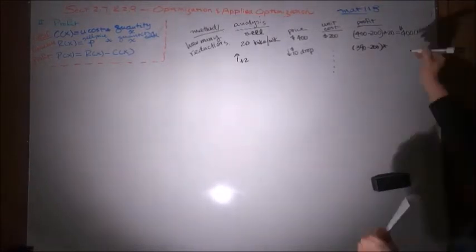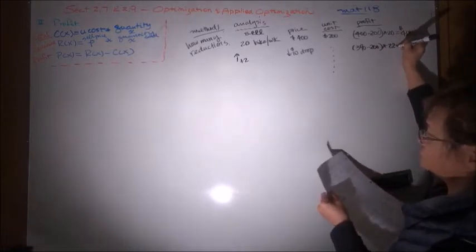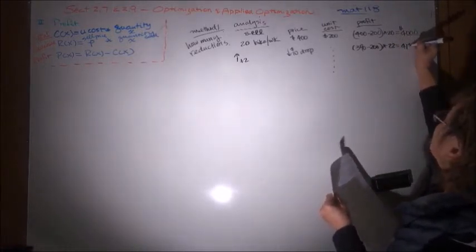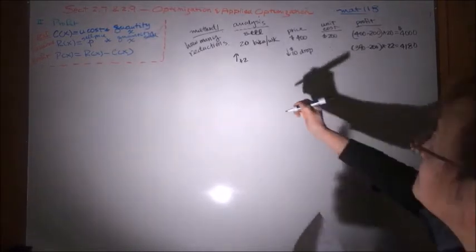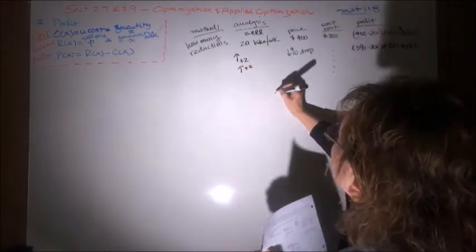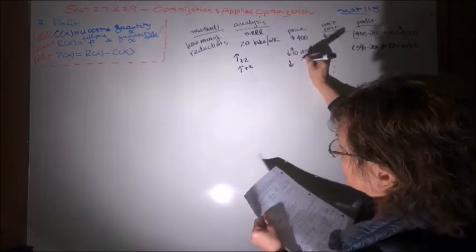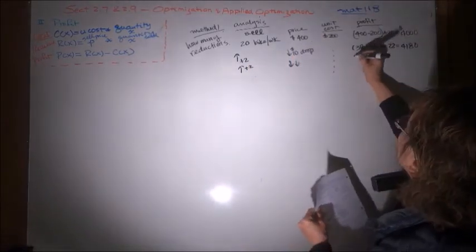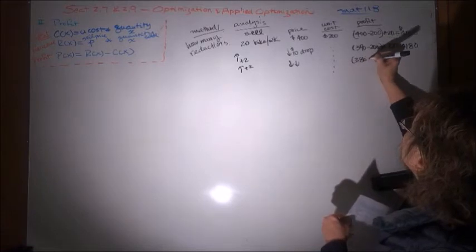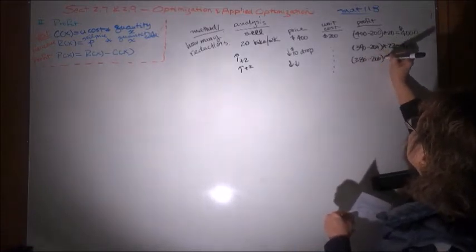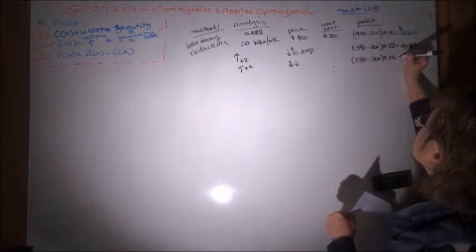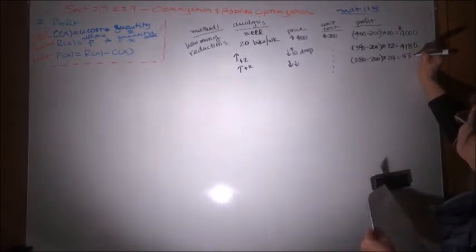Then how many bicycles can you sell? 22, two more, right? You make $4,180. And you do another $10 drop, then that will be 380 minus 200, and you will sell two more bicycles, so that will be $4,320.